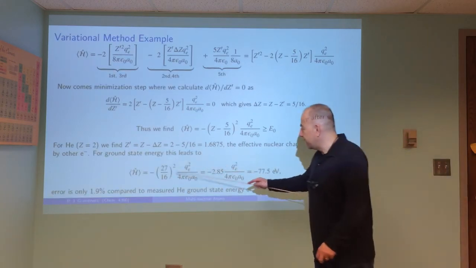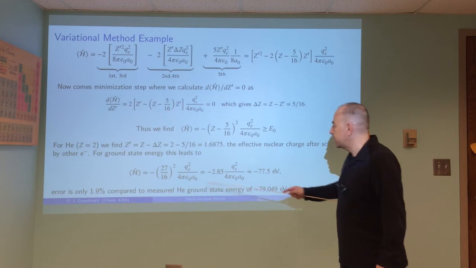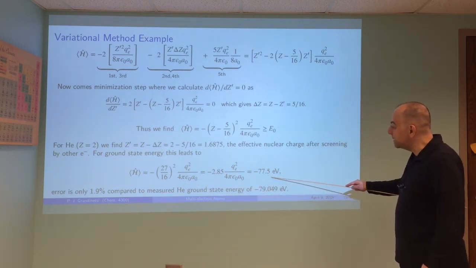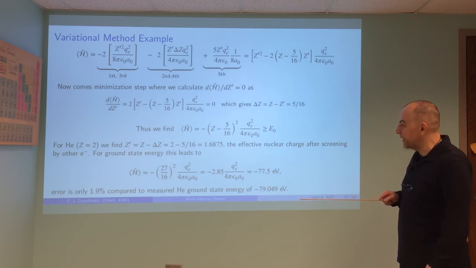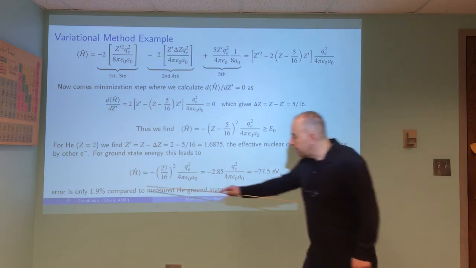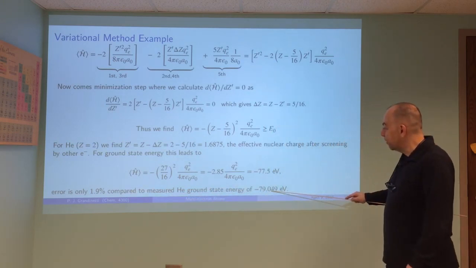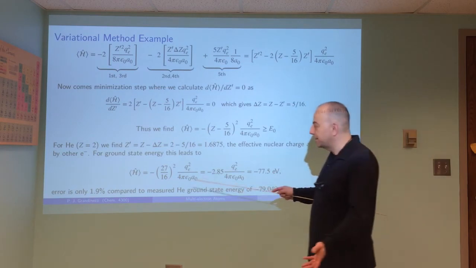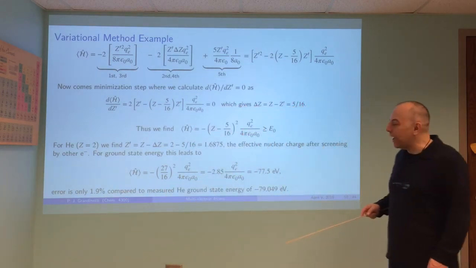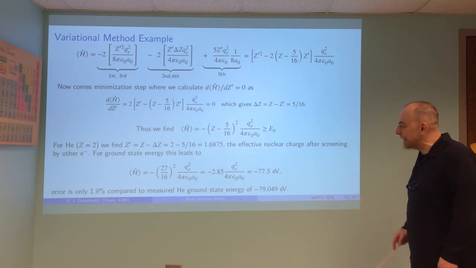Now I have all constants, I can plug in numbers, and I get an answer of minus 77.5 electron volts. Compared to the experimental value of minus 79, that's actually good. It's only 1.9% away from the correct answer.